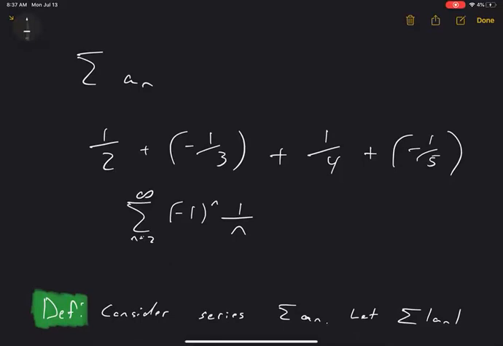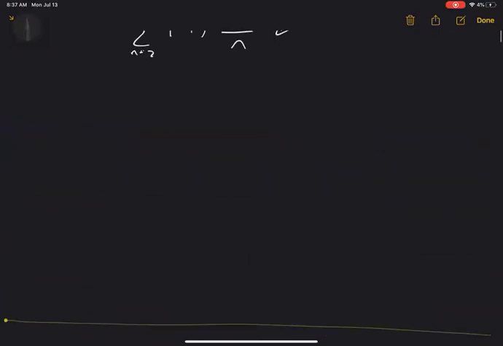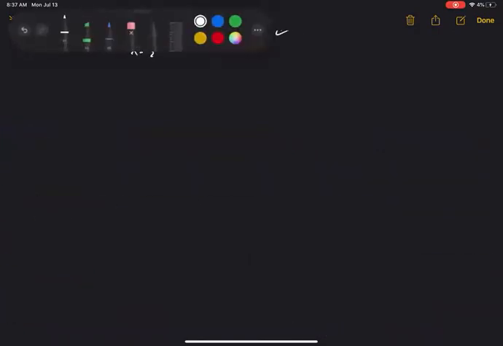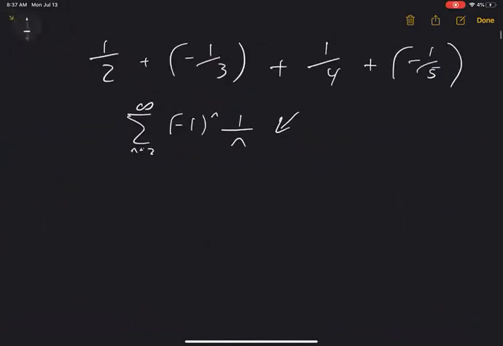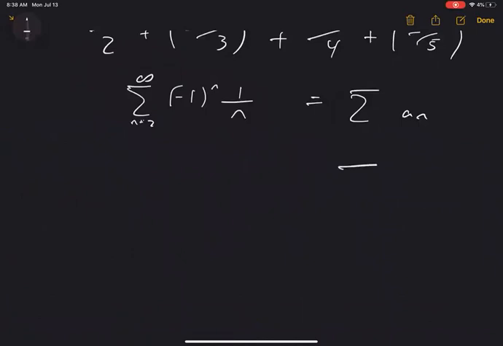We could look at this series directly, and we could ask a bunch of questions like, does this series converge, and so forth. But instead, we could look at the series of absolute values. If this is my series a_n, what would the series of absolute values look like?